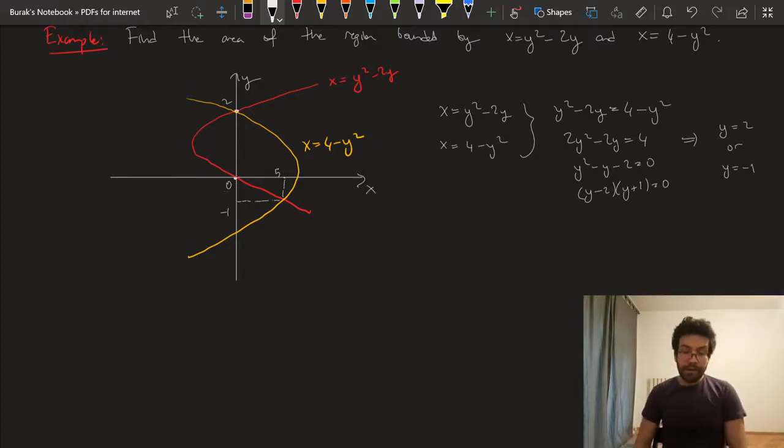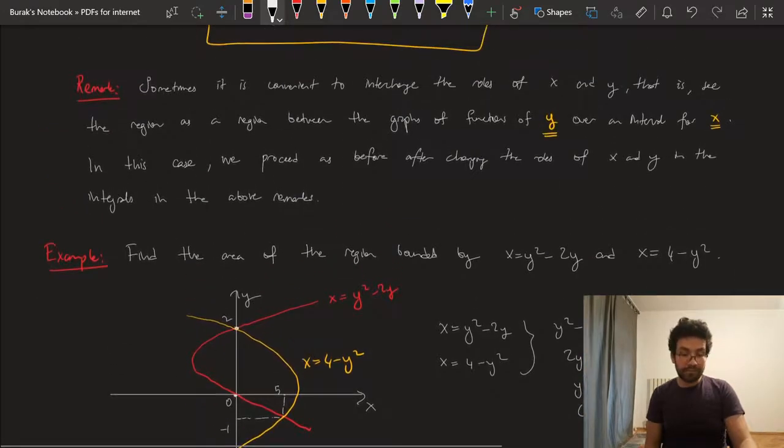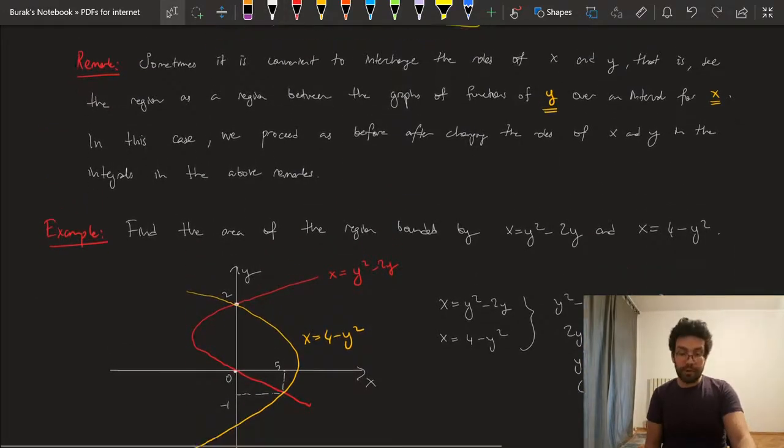Now, let me solve this question in the wrong way. Well, it's not really wrong, but I'm going to do a solution which is theoretically correct, but it's going to be very long and you don't want to do that. And then I'm going to do another solution, a shorter solution, which would explain why I wrote this remark.